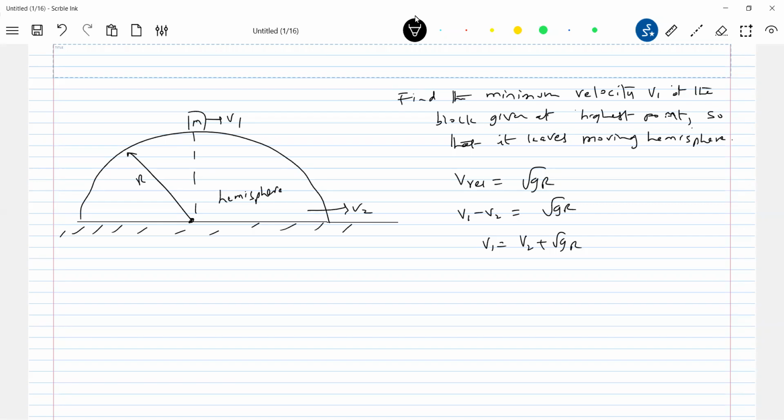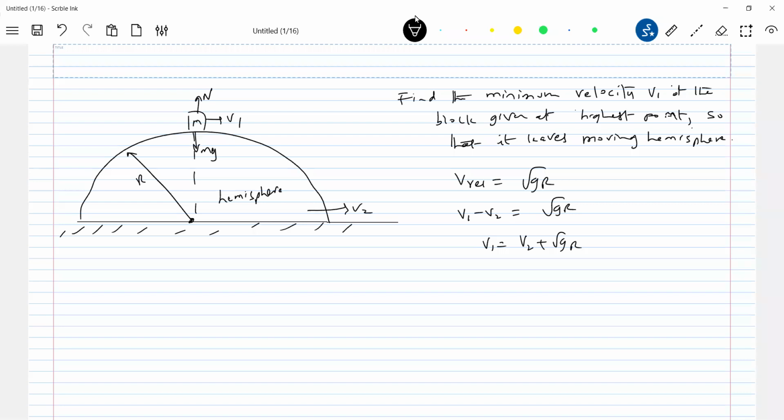I think the idea is the same, no? What is the condition here? N and this mg, no? So N should be equal to 0. Then mg minus N equal to m (v1 minus v2) whole square by r.